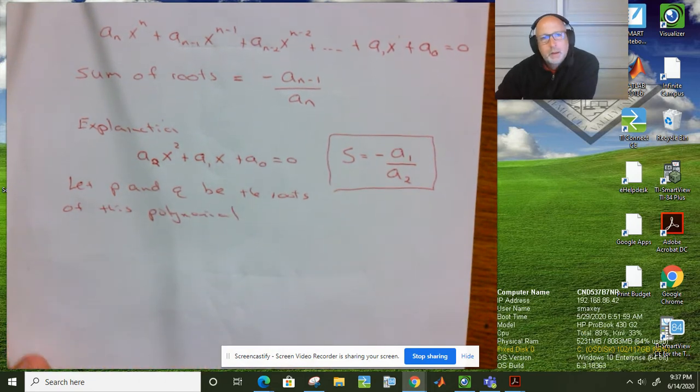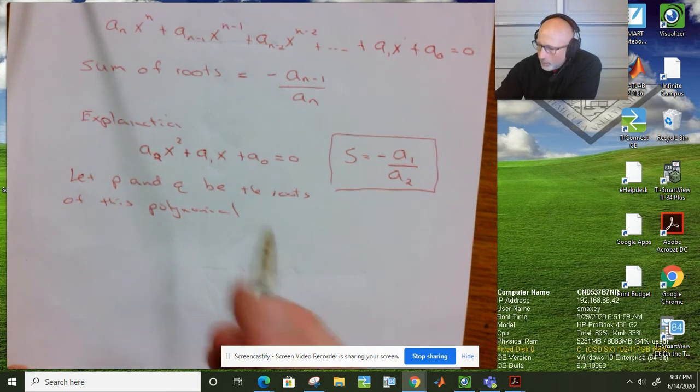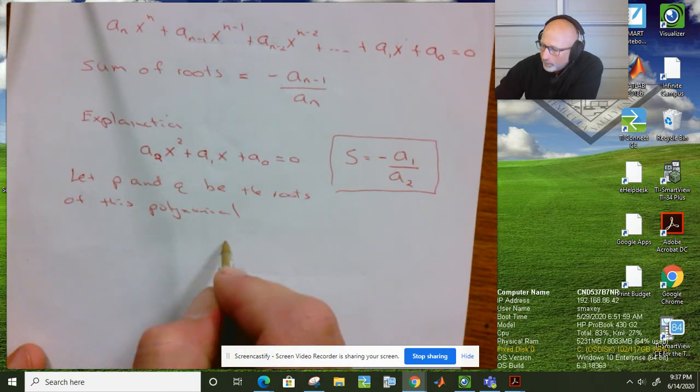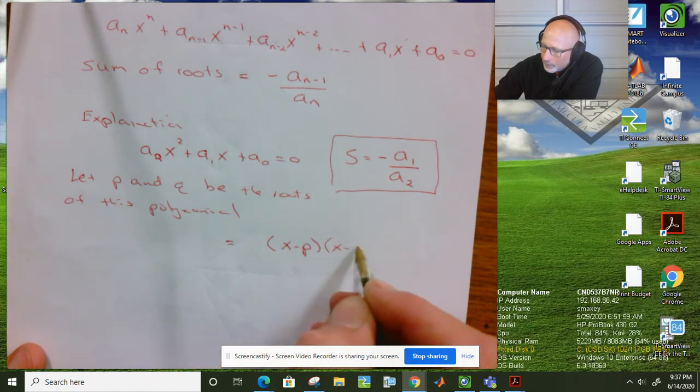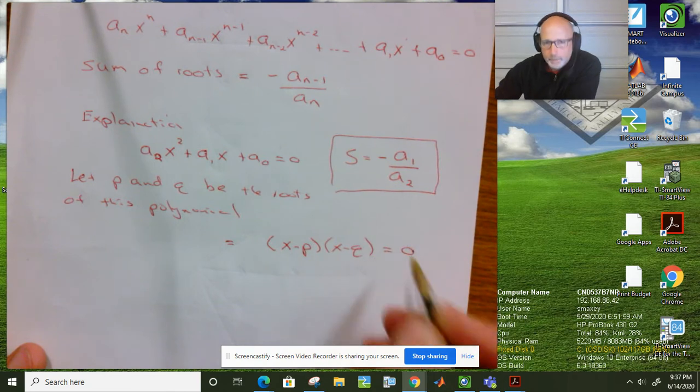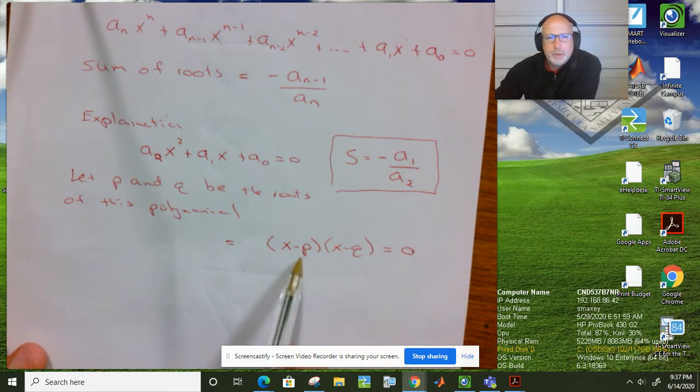What I know is that I can rewrite this polynomial as (x minus p) times (x minus q) is equal to 0. I'm missing something, so just hold on. We know that we could do this; it goes back to Algebra 1 or Algebra 2 days. We can rewrite it like this.